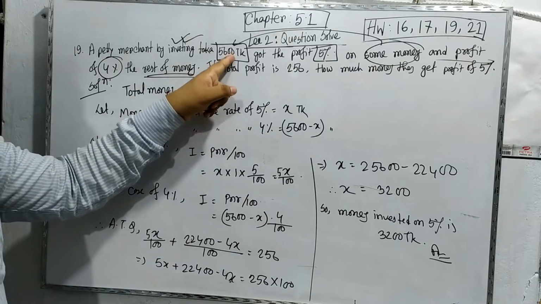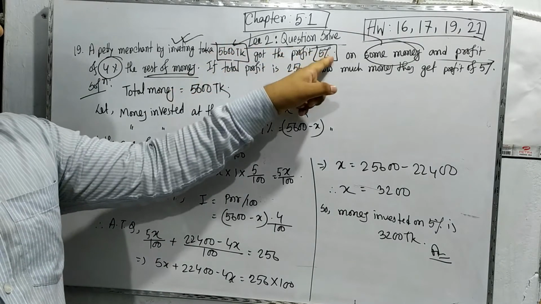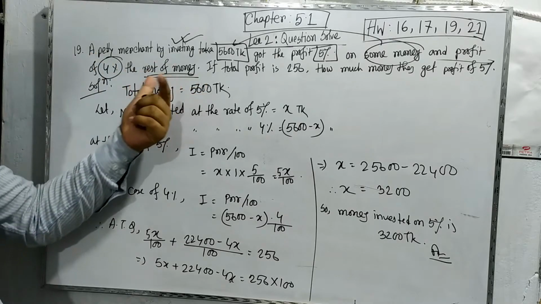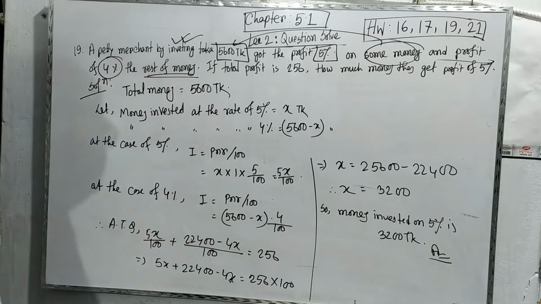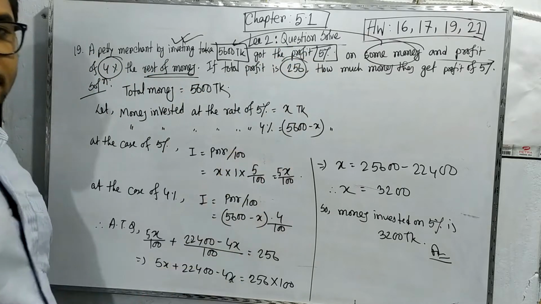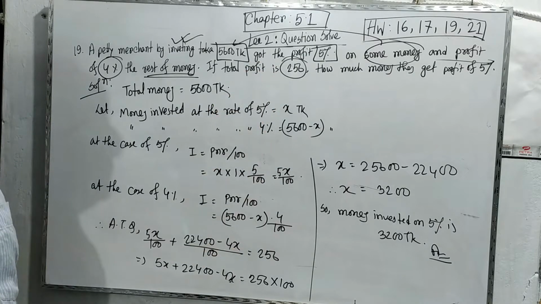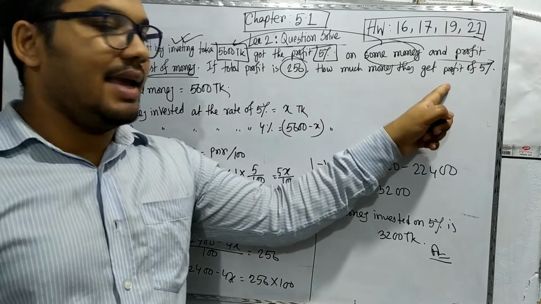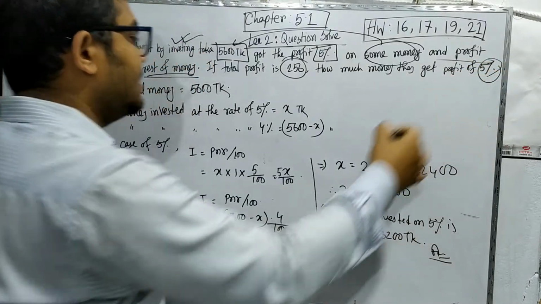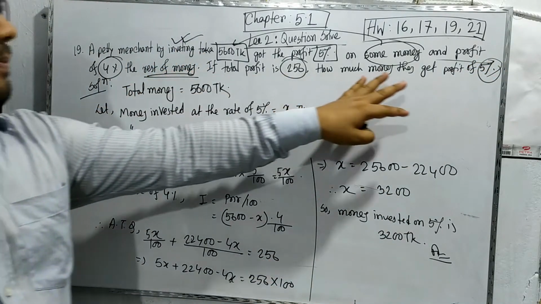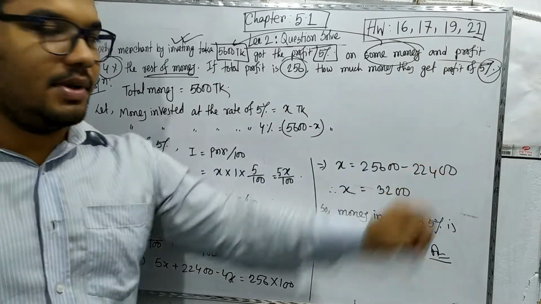So for one portion it is 5% profit, and on the other portion it got 4% profit, and the total profit is 256. You have to find how much money was invested at 5%.